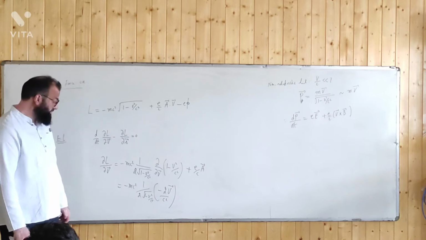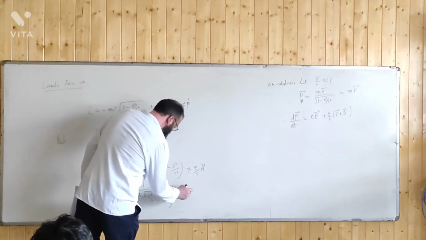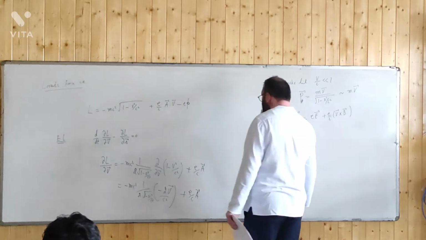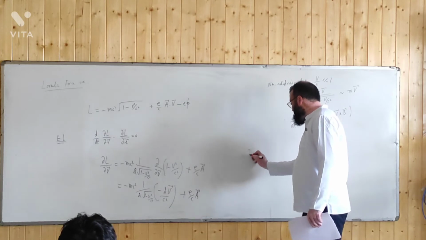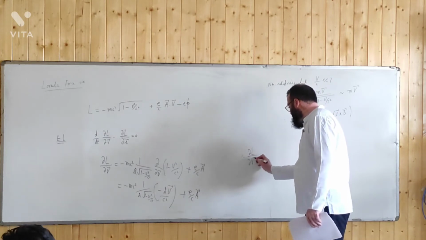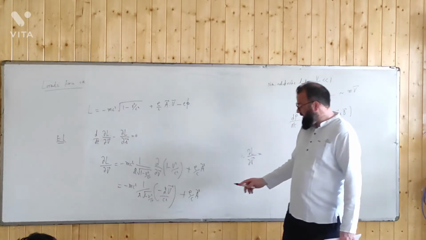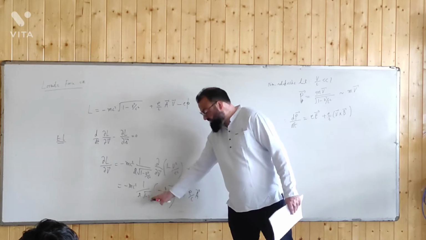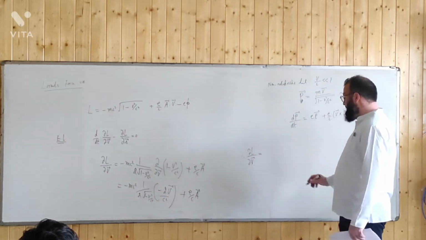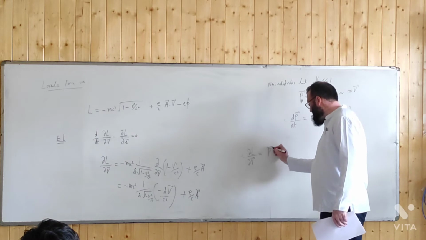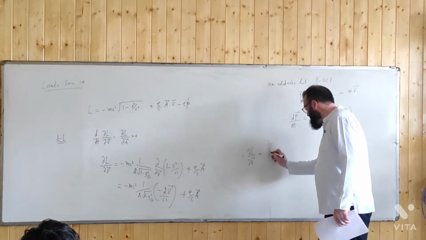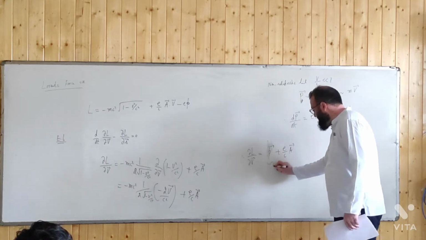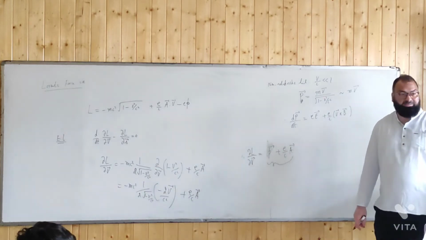So it will be simply vector v, plus e by c A. Therefore I am having this partial L by partial v equal to, so look here, all these factors will cancel, so you are having m v divided by this object, that is the relativistic momentum. Let me write that as a vector p, small p, plus e by c A. So this entire object is the generalized momentum of the particle.